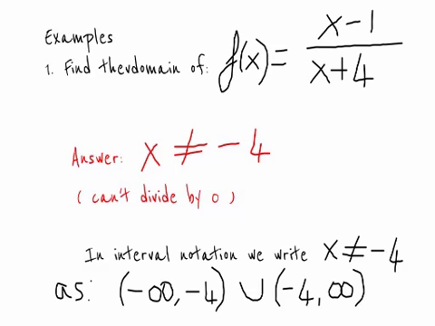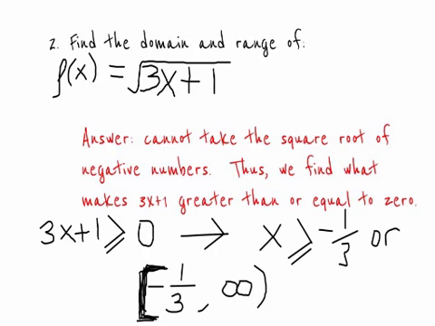Let's look at another example. Suppose we want to find the domain of f of x equals the square root of 3x plus 1. Now, we cannot take the square root of negative numbers. Therefore, we want to find what makes 3x plus 1 greater than or equal to 0.